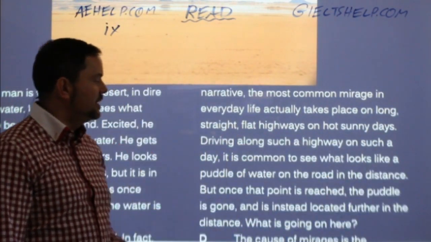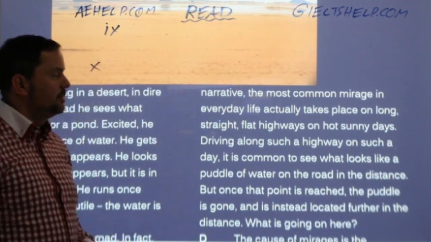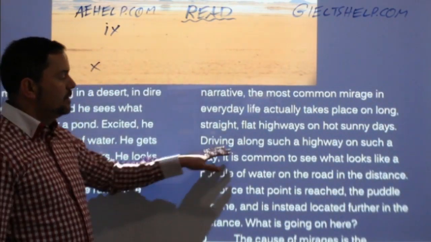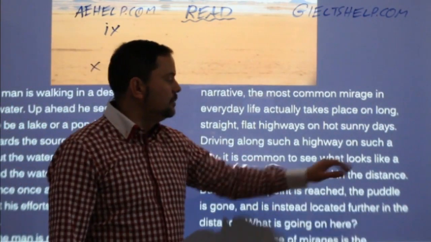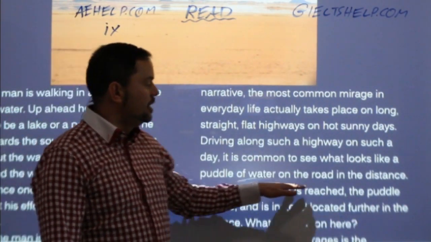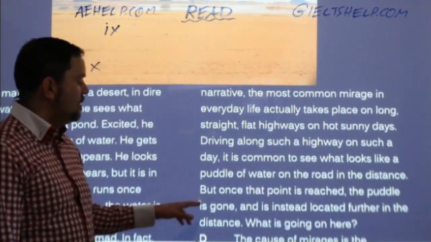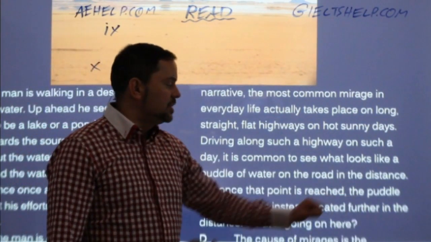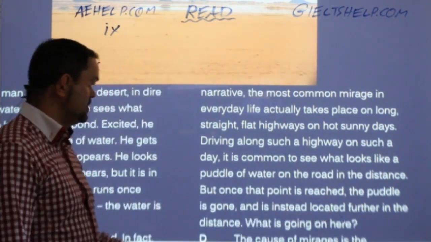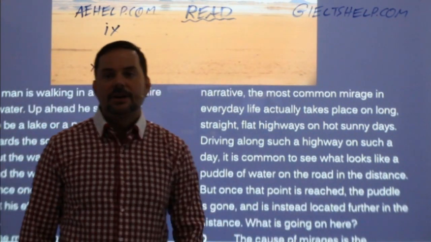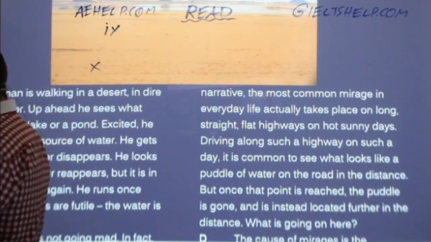Hey, that's what we thought of when we were doing our critical thinking. Driving along such a highway on such a day, it is common to see what looks like a puddle of water in the road in the distance. But once that point is reached, the puddle is gone and is instead located further in the distance. What's going on here? What's that about? What's paragraph C about?